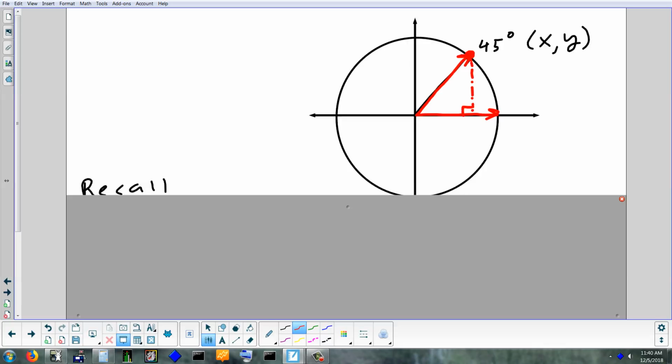Now, I didn't just make any triangle. That triangle in red is a special triangle. It's a right triangle, but it's also something else. Does anybody recognize what other kind of triangle it would be? Equilateral? It's not equilateral, but you're on the right track. Hypotenuse?